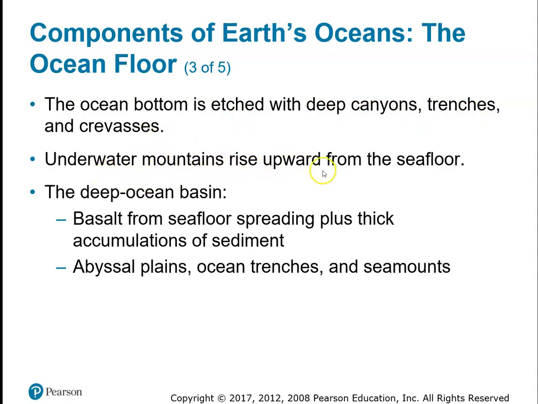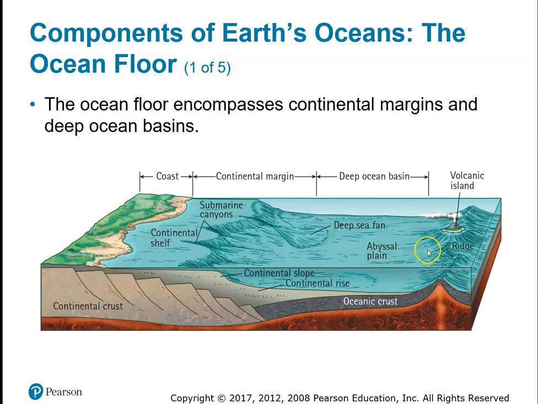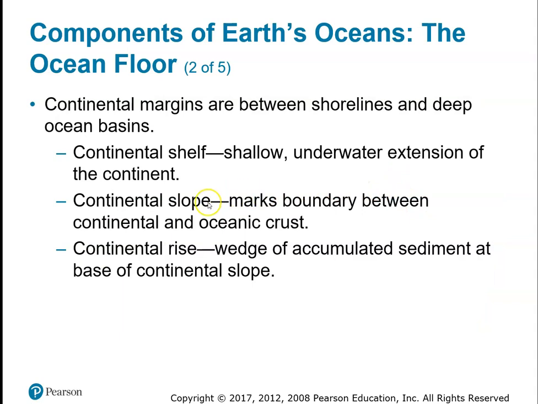The underwater mountains rise upward from the seafloor, as it says here. So we go back to this picture right here, right around the mid-ocean ridges, which again are not always in the middle.